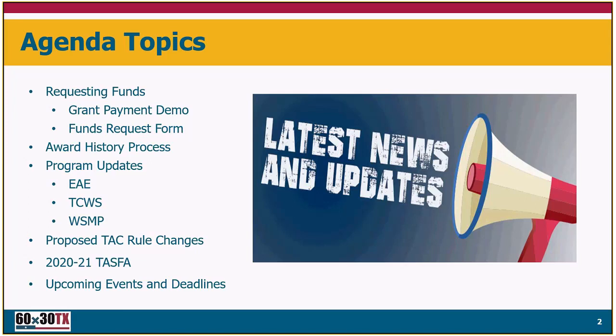I'm also going to be talking about some proposed rule changes through the Texas Administrative Code. We are going to be releasing the Texas application for state financial aid for 2021, so we're going to be talking about the changes on this upcoming application, and then our upcoming events and deadlines. So let's get started.